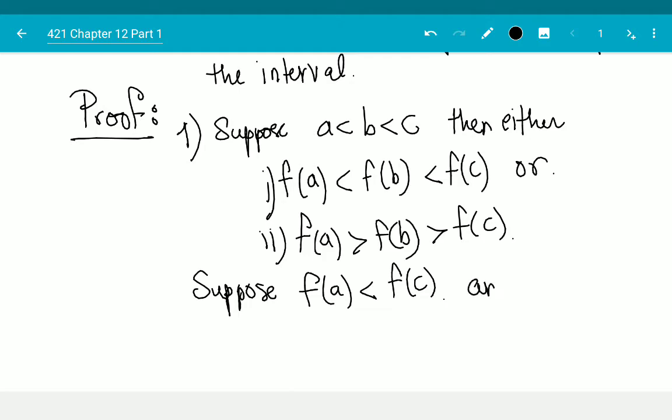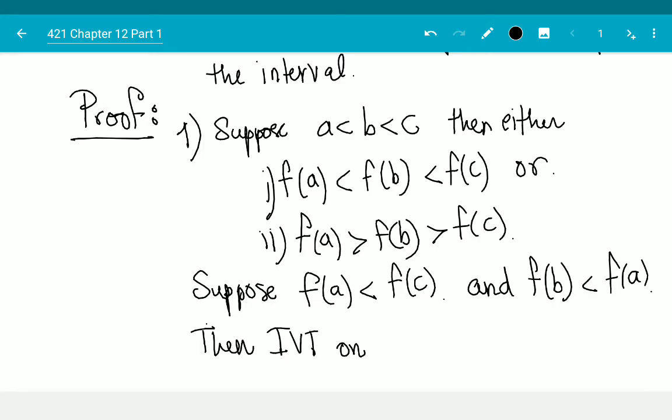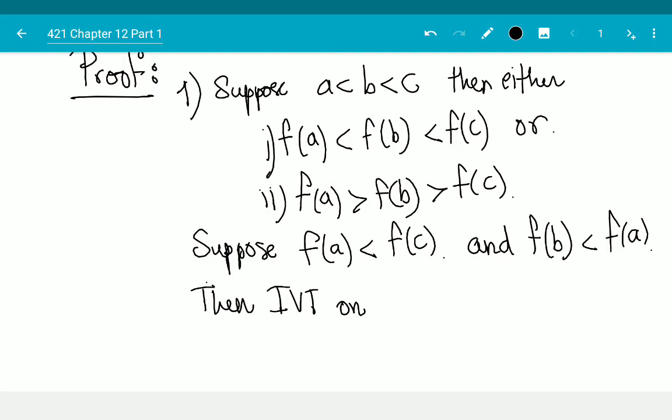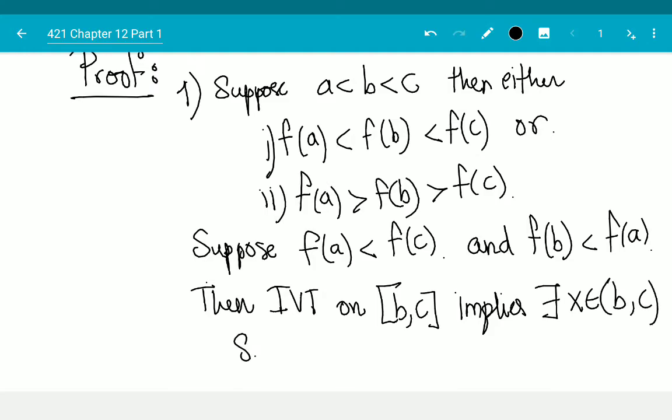So suppose f of B is smaller than f of A. Then the intermediate value theorem, IVT on the interval B to C, would imply there exists an x in B to C such that f of x is equal to f of A, contradicting 1-1.